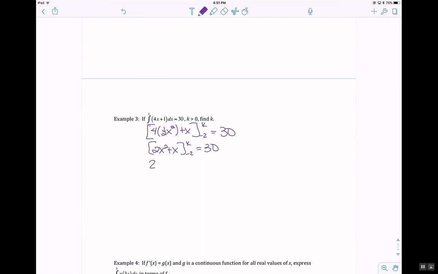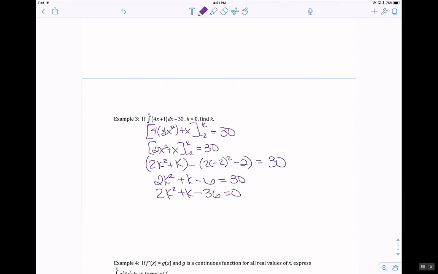So 2k squared plus k minus 2 times -2 squared minus 2. And this is supposed to equal 30. So I get 2k squared plus k minus 6 is equal to 30. So 2k squared plus k minus 36 is equal to 0.